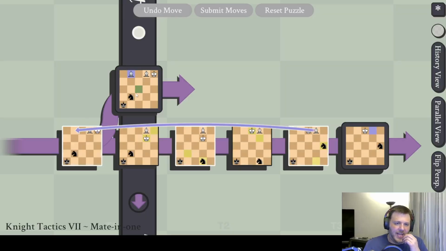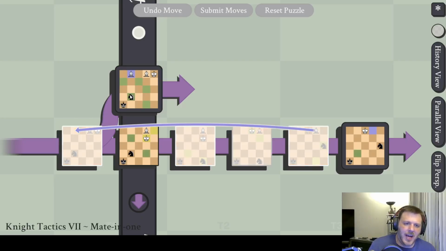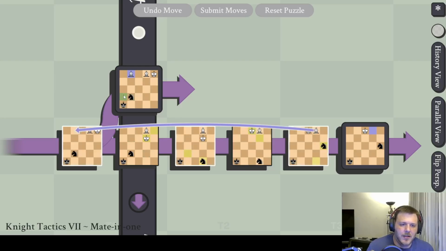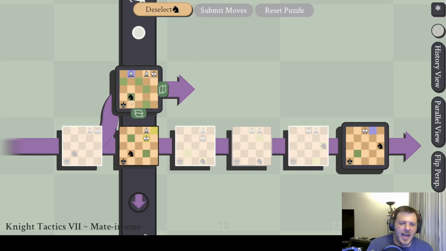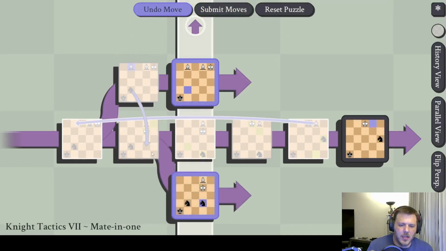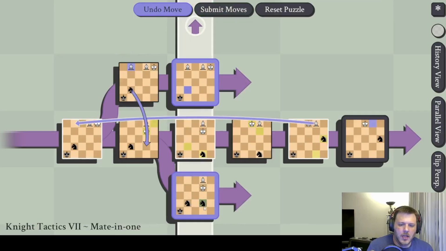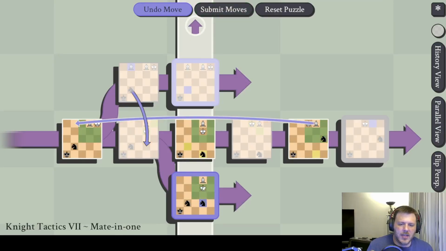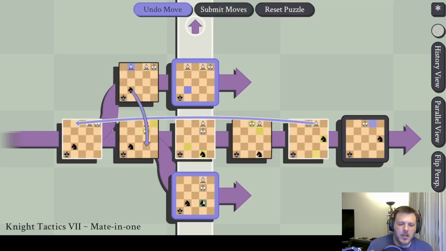Okay, so we've created this alternate timeline here. So I have a move that will supposedly checkmate. Yeah. I think if I put my knight right here, no, it's not going back in time though. It is attacking across the board though.